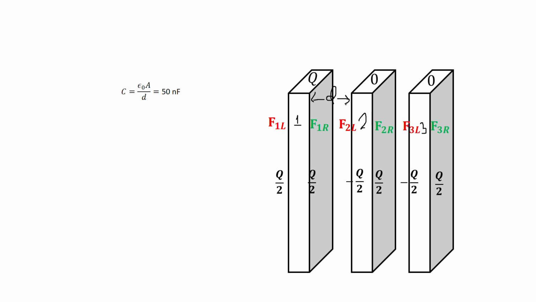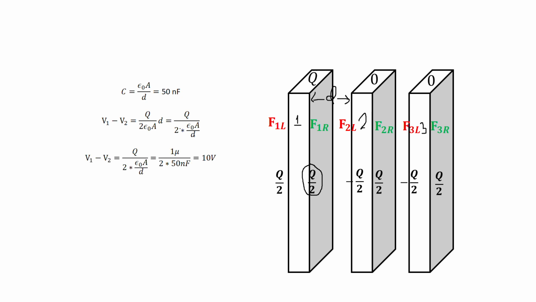The charges on each plate we have just calculated, and we derived in our previous video that the potential difference between plates 1 and 2 is proportional to the charge Q by 2. So V1 minus V2 is Q by 2 epsilon naught A, multiplied by D. So it is Q by 2 divided by (epsilon naught A by D).